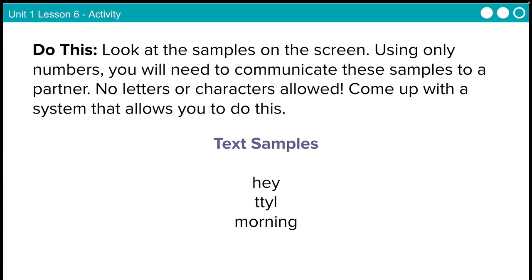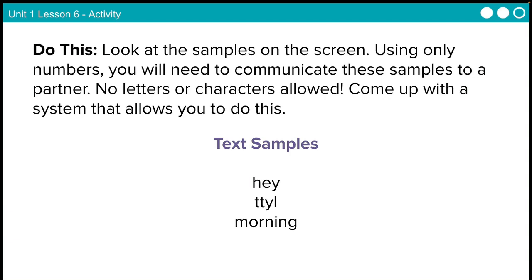So to represent the word HEY, I would have three numbers. Have something like 8, 5, and then 25. 8, 5, 25 would represent hey. So I could use that same system to communicate the other numbers. I just won't take the time to do it right now.